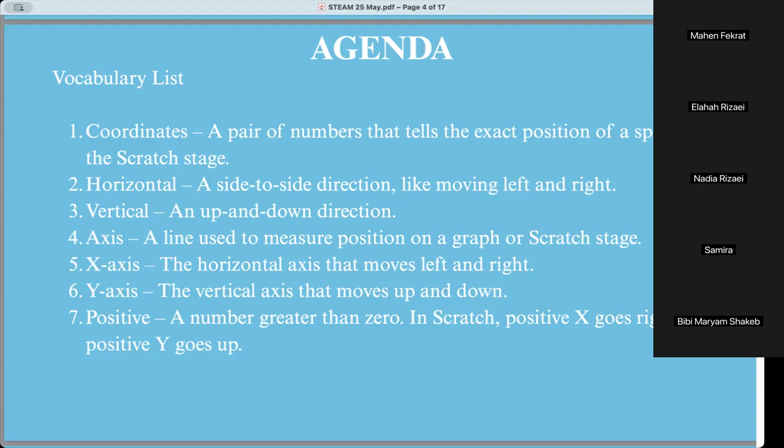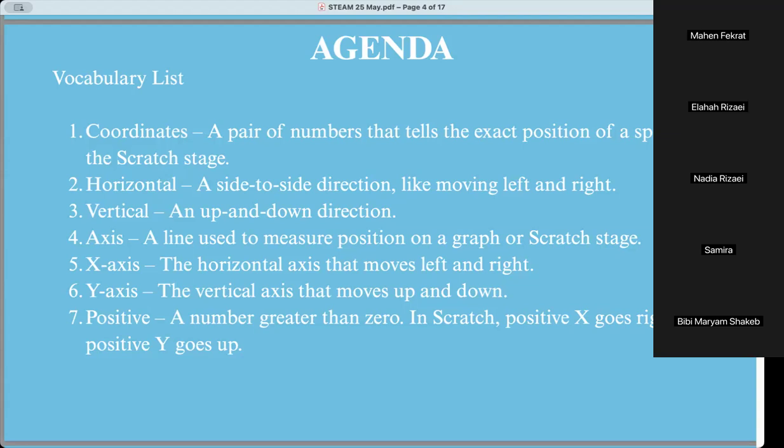If you forget or need to refresh your memory, you will revisit the vocabulary. So it's important to save the vocabulary list. Thank you. Whose turn is next? Who hasn't read at all?